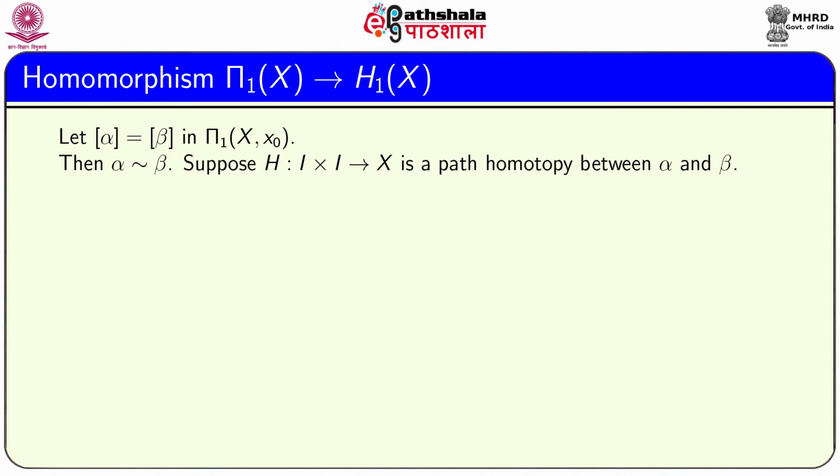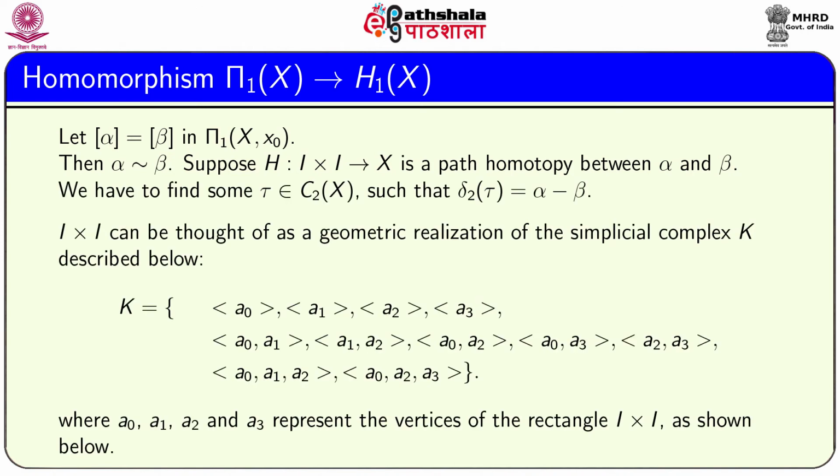Then alpha is path homotopic to beta based at x0. Suppose capital H is a path homotopy between this alpha and beta. We have to find some tau from C2x such that delta 2 tau is equal to alpha minus beta.